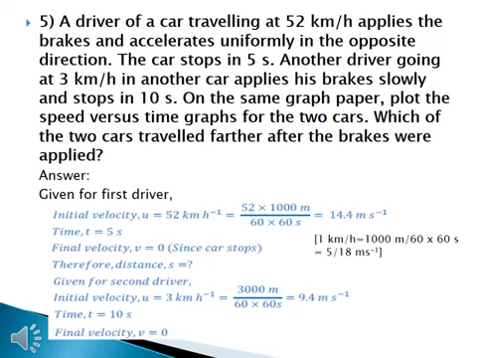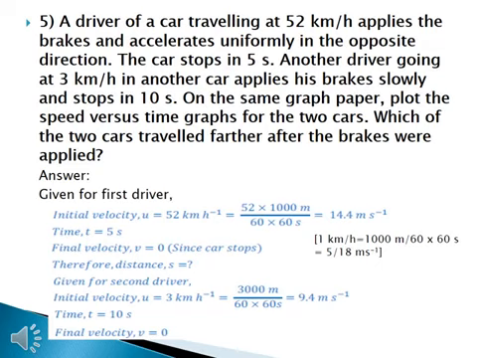Final velocity v is equal to 0 since the car stops, and the time taken by the car is 5 seconds. For the second car, its initial speed u is equal to 3 km per hour, which is equal to 3 into 5 by 18, which is 9.4 meter per second.